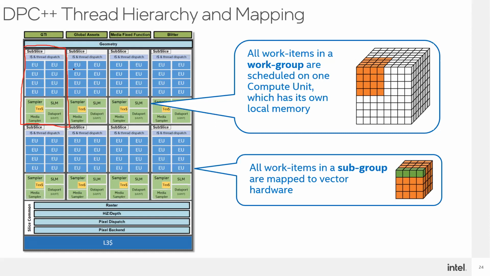Each execution unit has 7 or 8 threads, and it has a SIMD possibility to execute each thread in a SIMD way. Each subslice also has shared local memory, which is shared across all execution units inside this subslice, but it's not shared with other subslices. So what's the main idea? We need to map our workgroups to these subslices in the most efficient way.